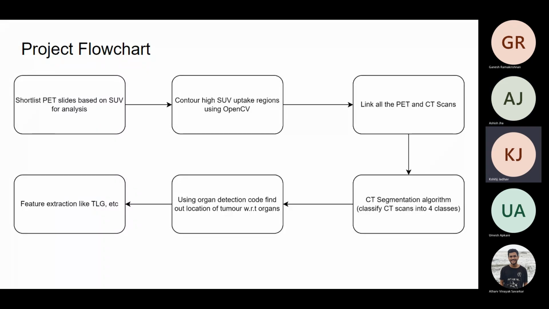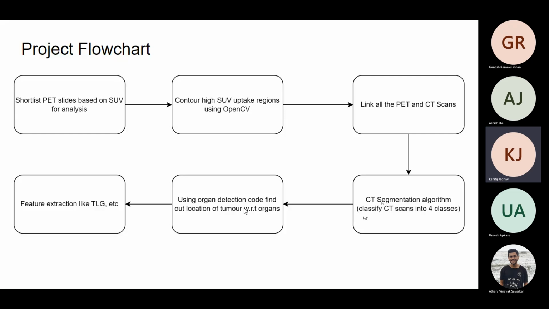So Atharva, the fourth box that you have, the CT segmentation algorithm, here is where you can replace it with the one that we just discussed. This is actually classification, so that can be totally excluded. And the fifth one, the one that your arrow is on now, that would help you do organ detection. Which organ should we consider?